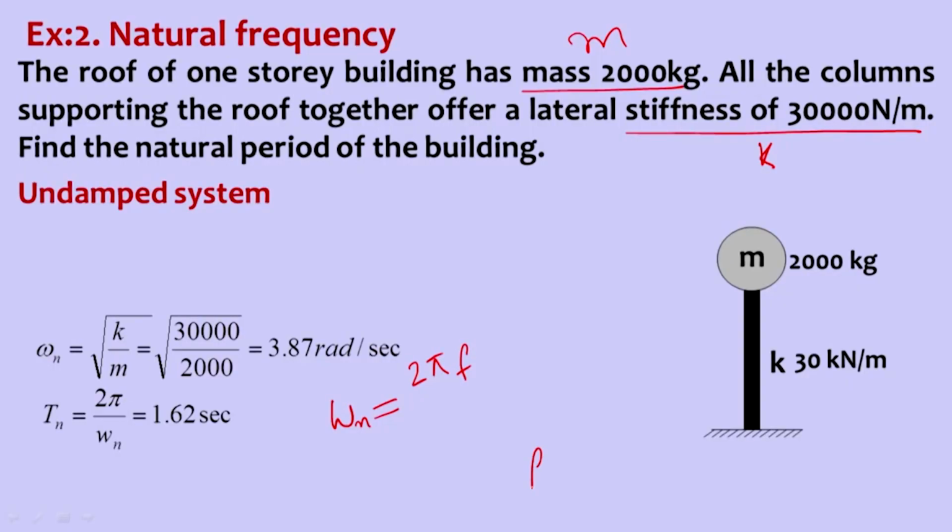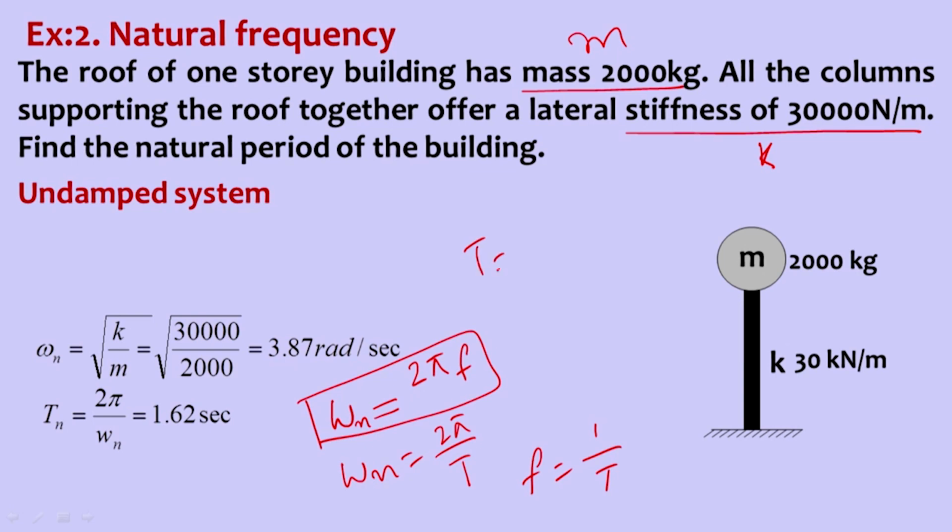So they are related: f is equal to 1 by T or T is equal to 1 by f. So omega n is equal to 2 pi f, we can also write this as omega n is equal to 2 pi by T, or T is equal to 2 pi by omega n.